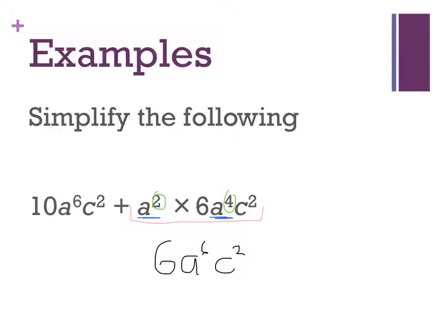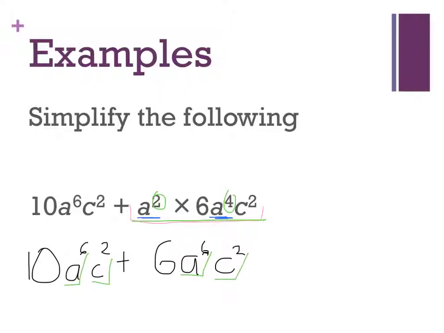Now you'll notice as soon as I've done a to the power of 6, it becomes a like term with this one, a to the power of 6, c to the power of 2, because with addition, I can only combine like terms. As soon as I've done this multiplication, these become like terms. So 10a to the power of 6, c to the power of 2, plus 6a to the power of 6, c to the power of 2.